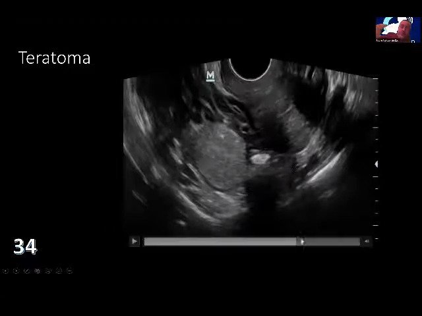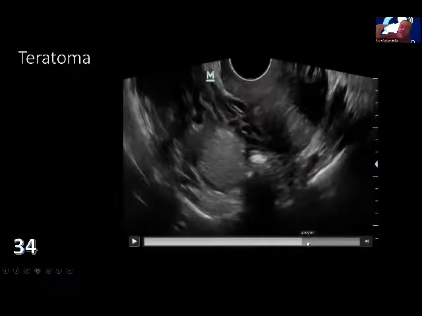It depends on the examination and on the device you're using. So this is an ovarian mass, complex with a solid part and a mildly solid part, and those are adnexal blood vessels.